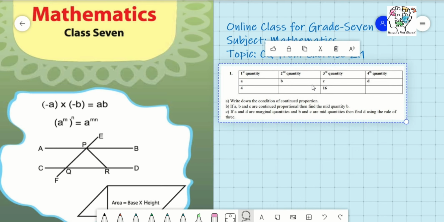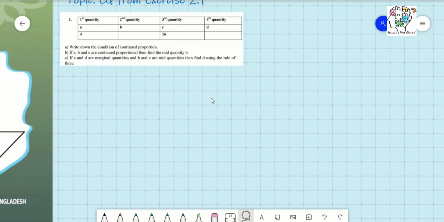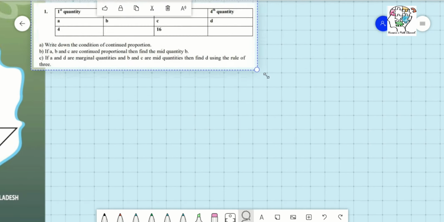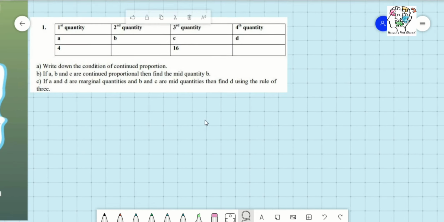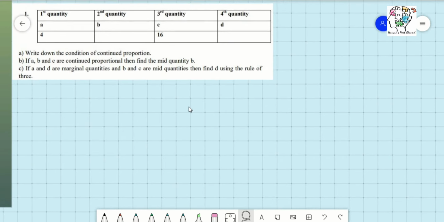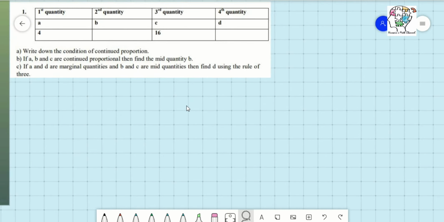First, you can see a question on the screen. Now we will try to solve this question. There is a table given and there are some blank spaces.